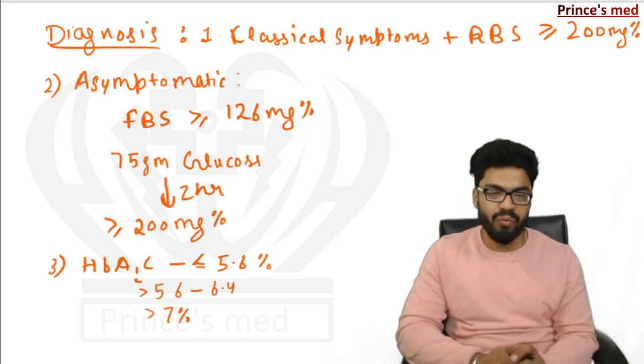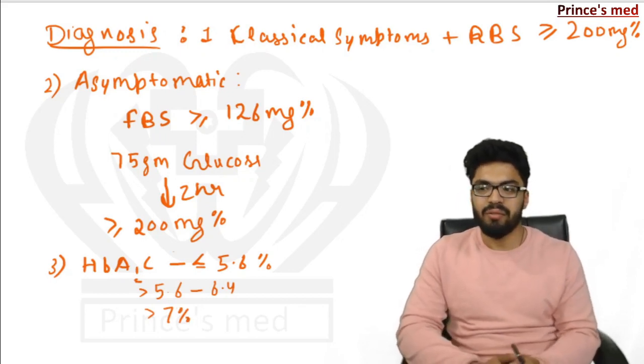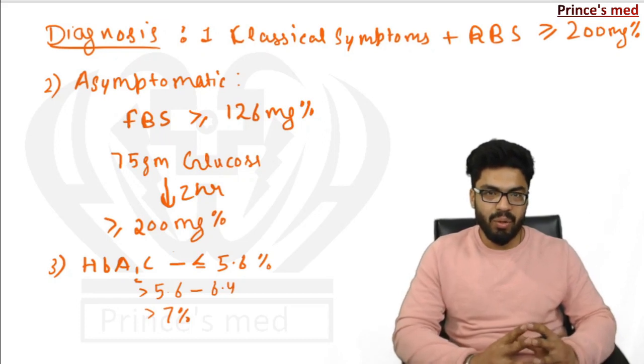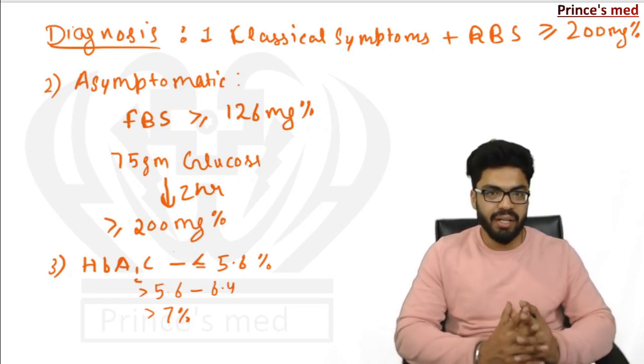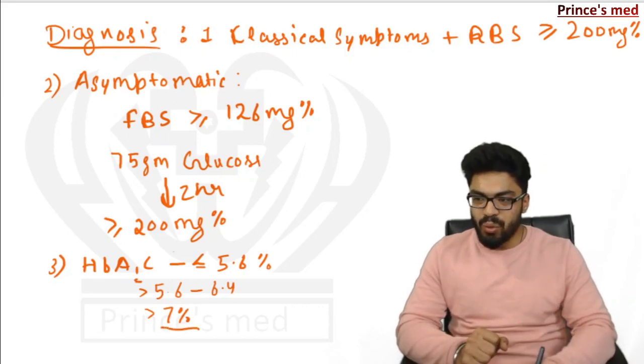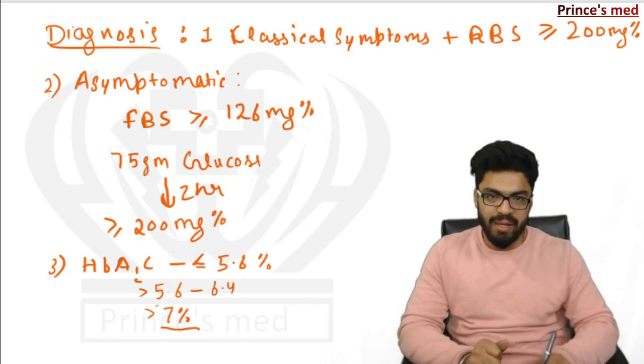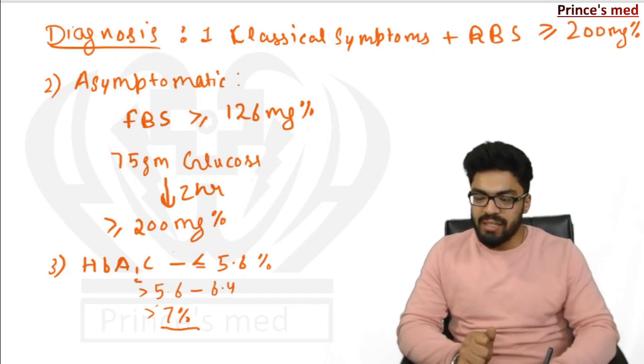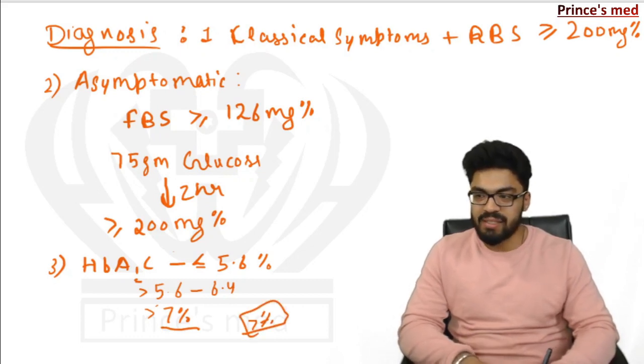In the case of a diabetic patient, we have to control glycosylated hemoglobin. The best control is that we have to maintain the value of HbA1c at less than 7%. That is the best control of diabetes.